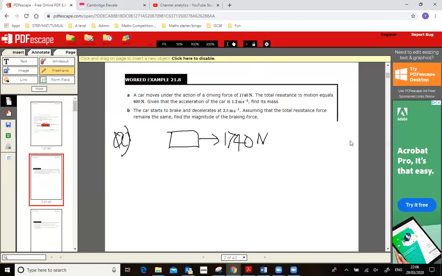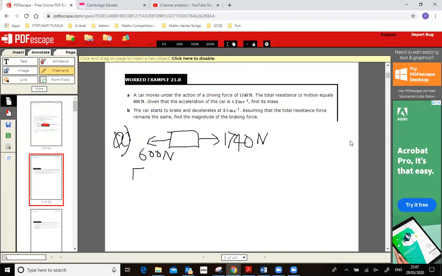So if the car is moving towards the right-hand side, that means the resistance force, 600 Newton, must be acting in the opposite direction. So overall, the resultant force or the net force acting on this object would be 1,740 plus negative 600.